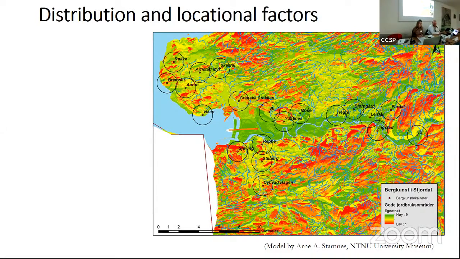And this is an example from a valley in central Norway. And you can see the rock art sites seem to be making some sort of regular distance between them. And it's connecting with the fertile land and settlements in the area.